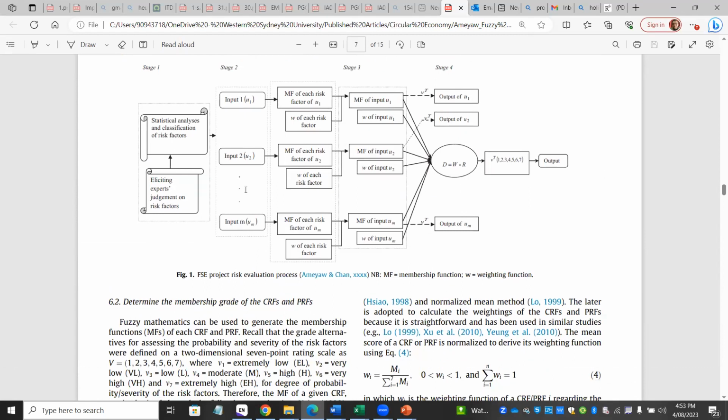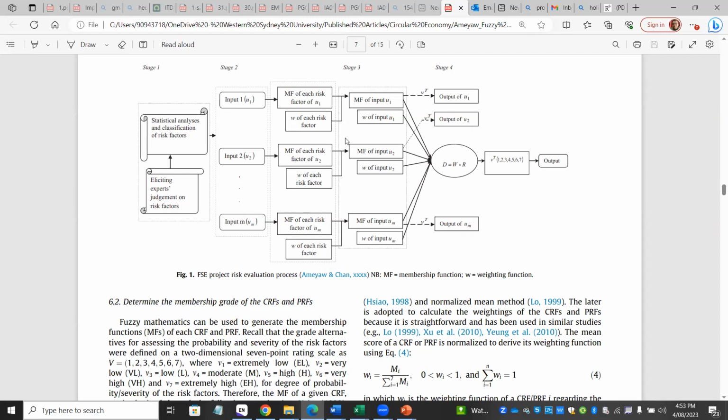Okay, so this is just a summary of the steps. Stage one: statistical analysis and classification of risk factors, which we have done, eliciting expert judgment of factors and all that, which gives the input. Stage two will include the formation of membership functions for the group and then the individual factors.